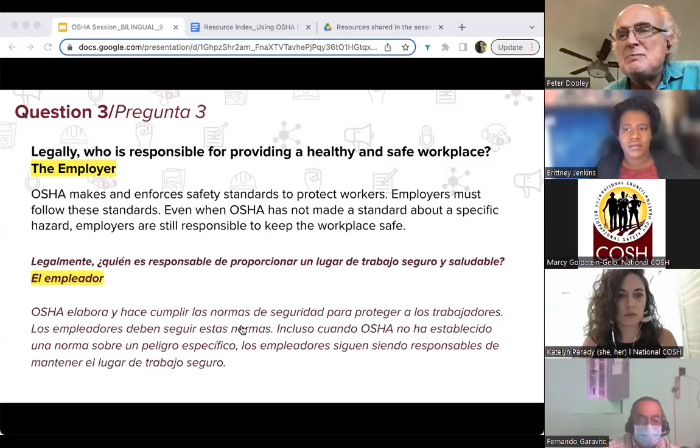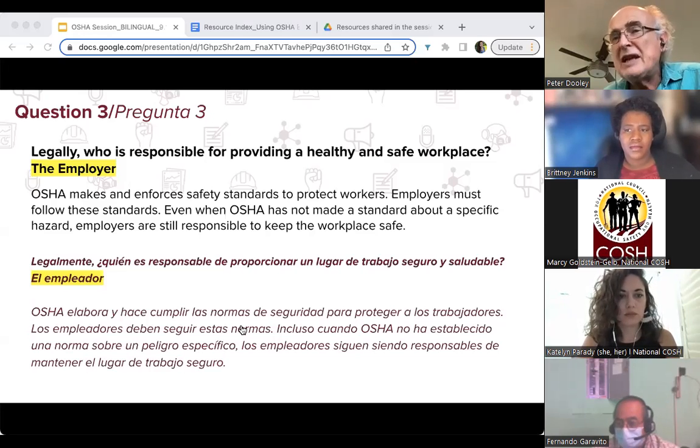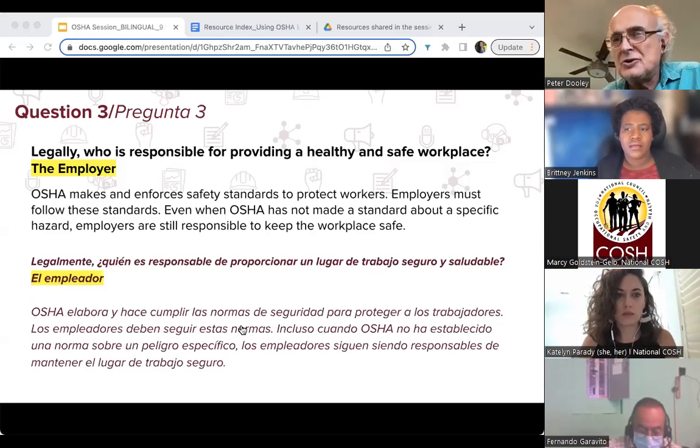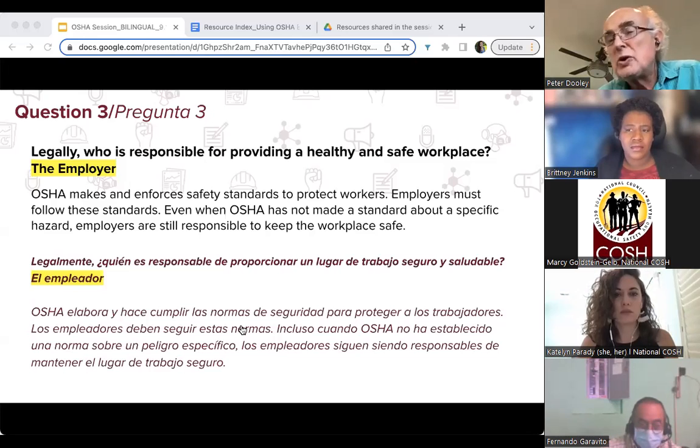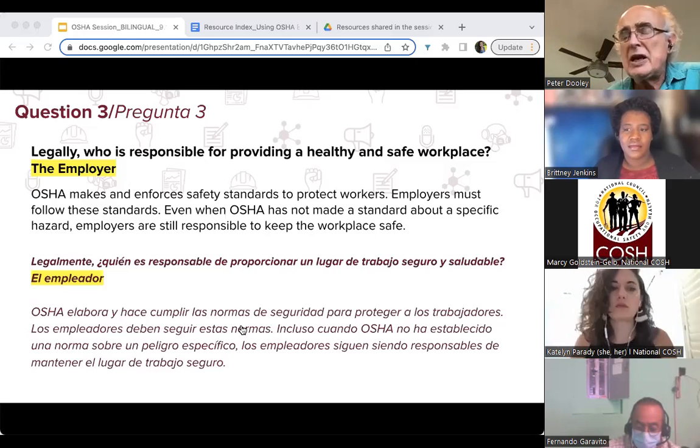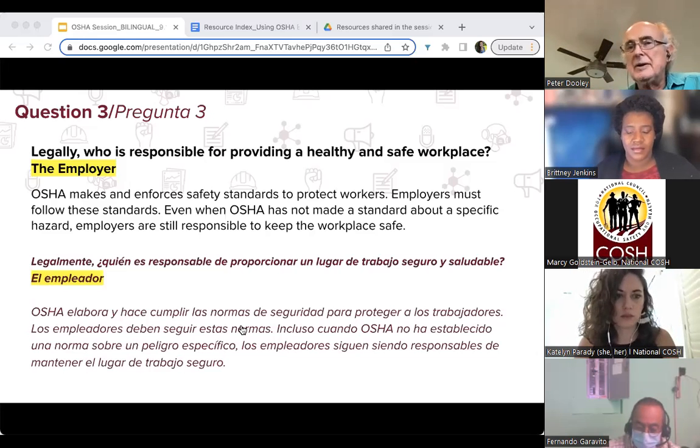It basically says that the employer is responsible for maintaining a workplace free from recognized hazards. It doesn't have to be just a standard. It can be some other issue where a worker gets seriously injured or even killed in many circumstances. And this 5(a)(1) general duty clause can be used by OSHA to cite in those cases.